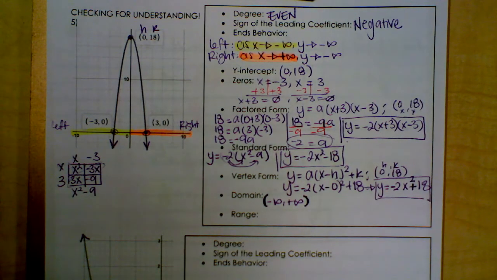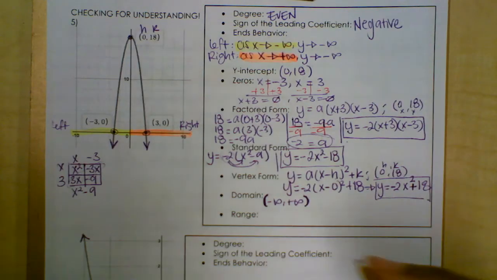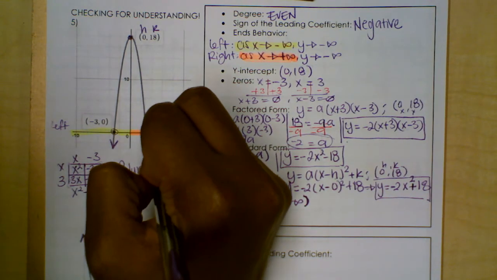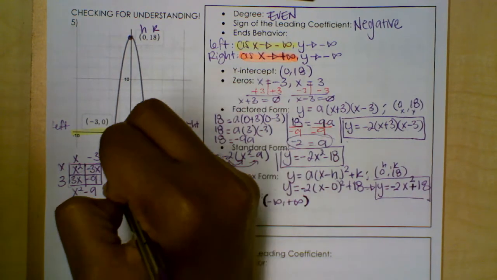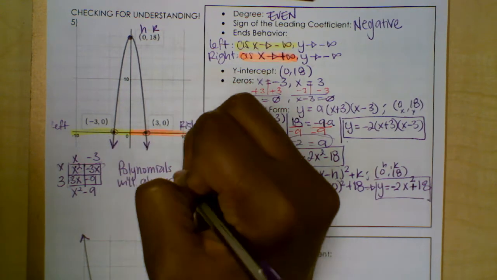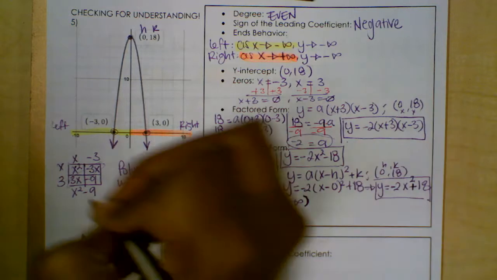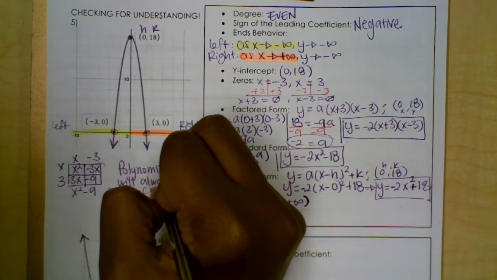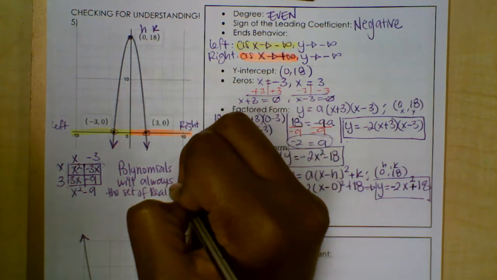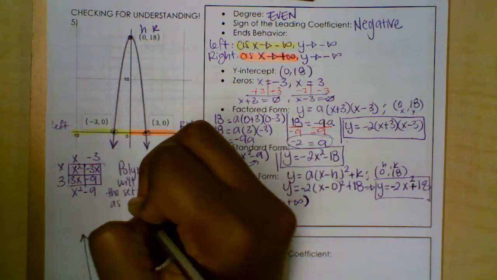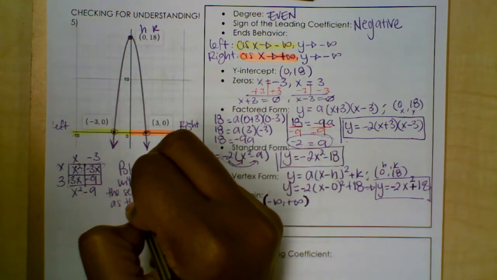And what else did I want to say about the domain? Polynomials always have the set of real numbers as the domain.